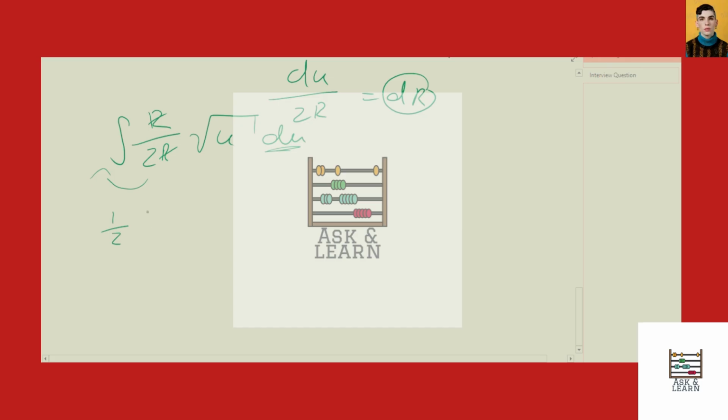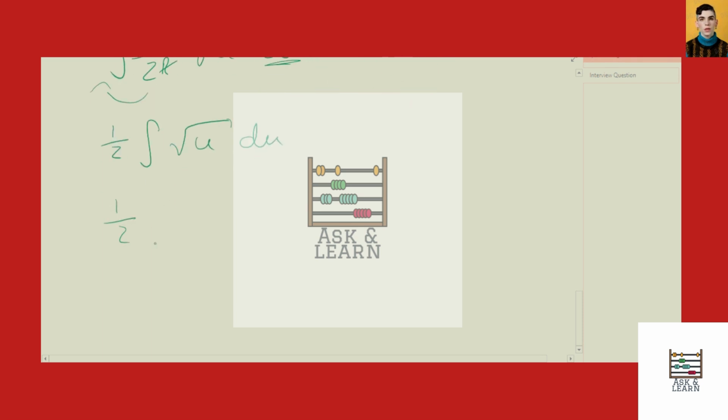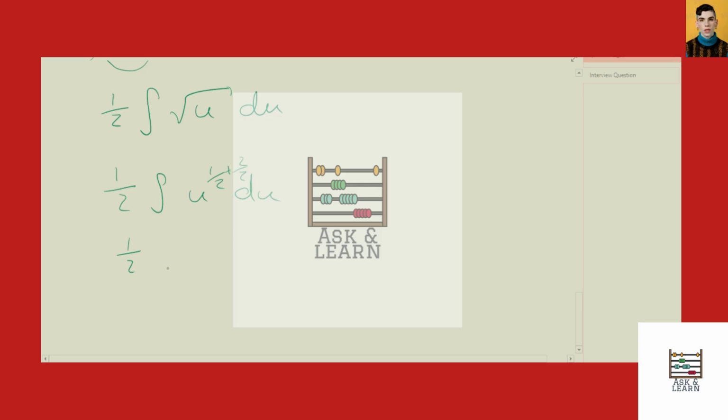So we can move the 2 to the outside. So we have 1 over 2 integral of u du. We can also rewrite this as 1 over 2 integral of u to the 1/2, and then do the whole plus 1, since that's 1 over 2 plus 1, and this is going to be 3 over 2. So then we're going to multiply this by the reciprocal. 2 over 3 u to the 3 over 2, plus c.